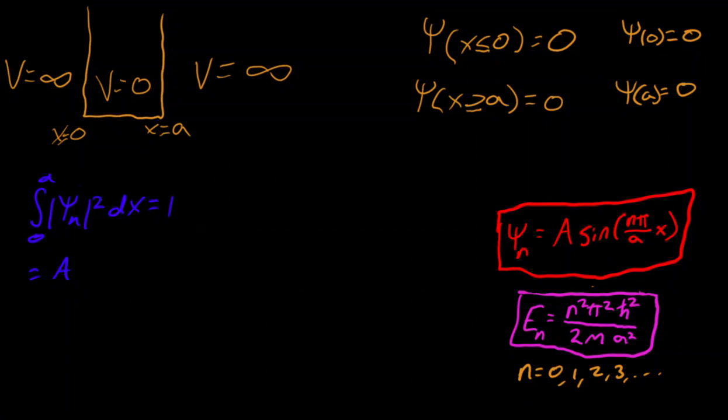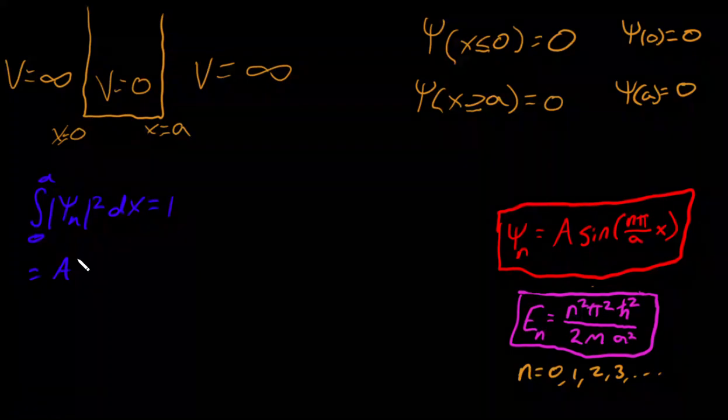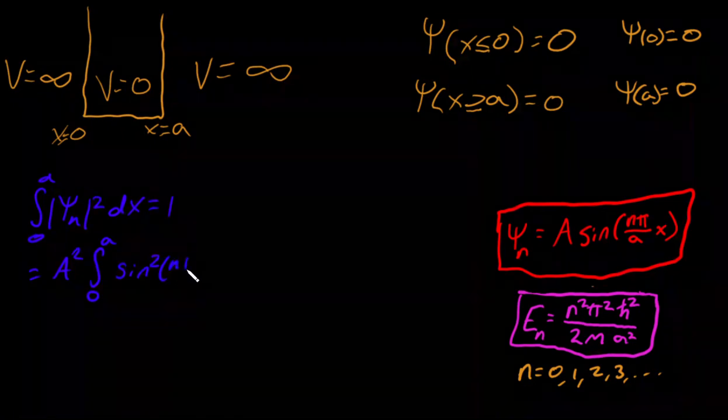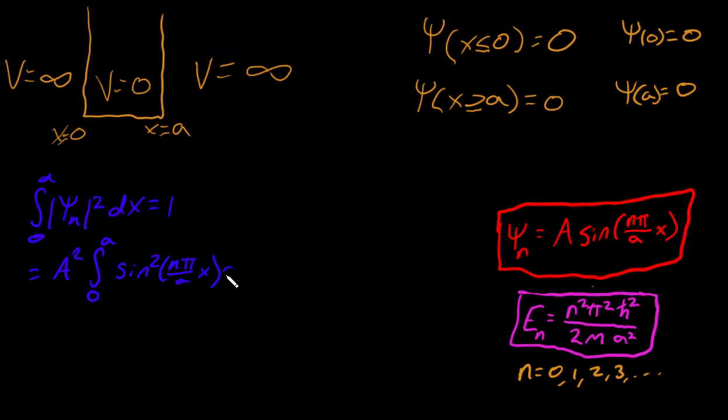Hopefully you know what I'm talking about. If not, it's not a big deal. We'll say this is A squared, because it's a constant, so we can take it outside of the integral from 0 to little a of sine squared of n pi over a x dx.